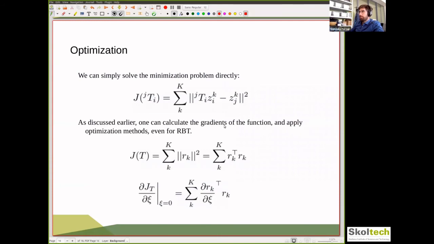Okay, very quickly, we can formulate the same thing just as a minimization with respect to this rigid body transformation. So we now have our cost function. It's defined this way. We know what to do, right? So we can propose an exponential update here, and then with this gradient, we could be calculating things, right?